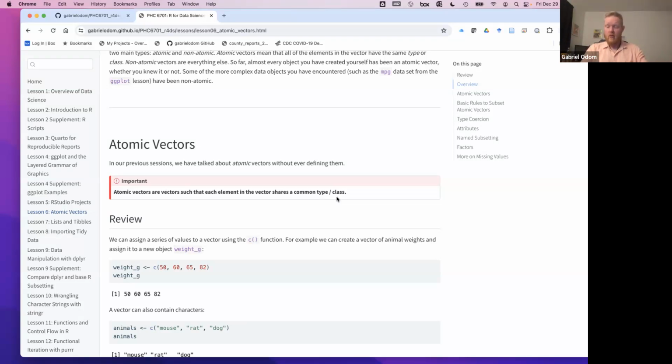So I can say, okay, well, this is an atomic suitcase, if you will, thinking about it from the R definition of the word atomic. And so if I've got 10 shirts and 10 pairs of jeans and 10 pairs of socks, or something like that, those are all articles of clothing. And so therefore I could describe this suitcase and its contents as an atomic vector.